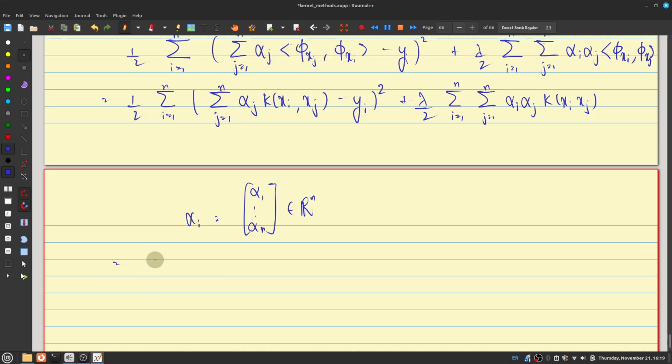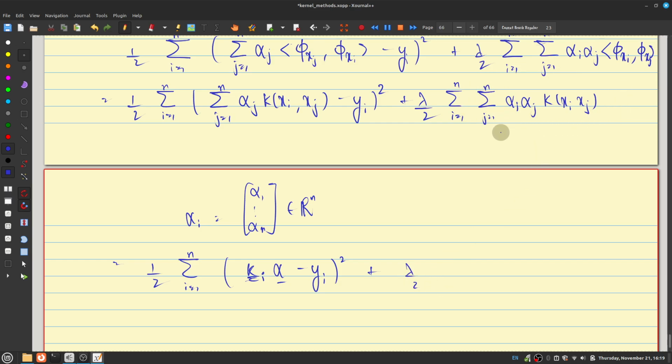So this is nothing but half summation i equal to 1 to n of, I take the ith row times alpha, minus yi, the whole square, plus lambda by 2.